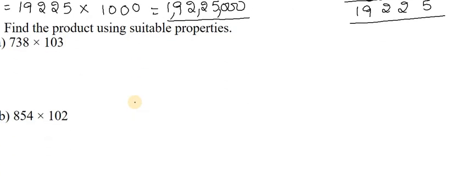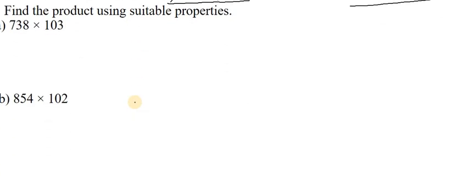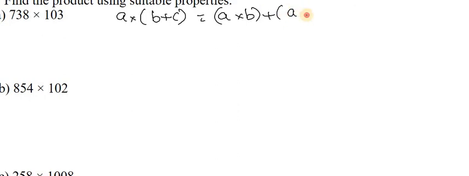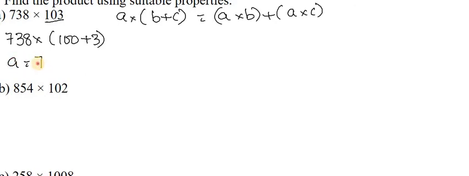Find the product using suitable properties. So in this question we will just follow distributive property, that is A into B plus C is equal to A into B plus A into C. So here I am just changing 103, I am writing 103 as 100 plus 3. So in this my value of A is 738, B is 100, C is 3.